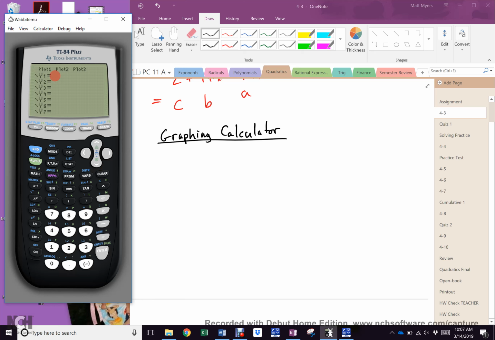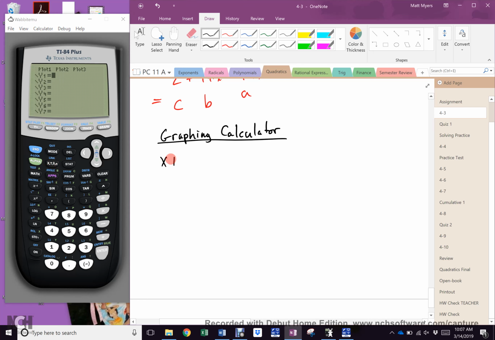Everybody should have a flashing cursor by Y1. Yeah? Okay, now, the next thing you need to see is, see that button right there with X, T, theta, and N? That button right there.